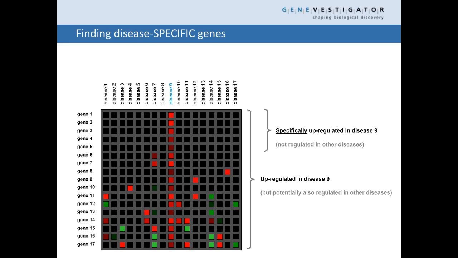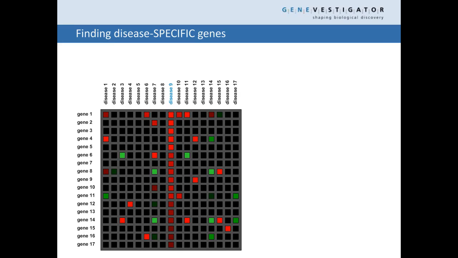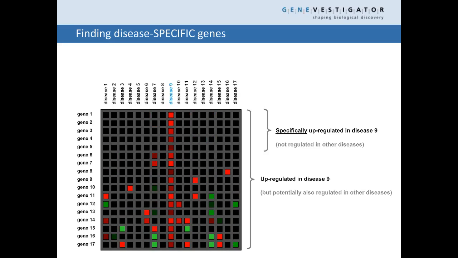We have taken the same plot as here, but we have simply ranked those genes down that are also regulated in all kinds of other conditions, and we keep those that are specific for the disease. And so what you end up with is a list of genes that is specifically regulated in your disease, as opposed to simply being regulated in your disease as compared to the control when it's analyzed on its own.